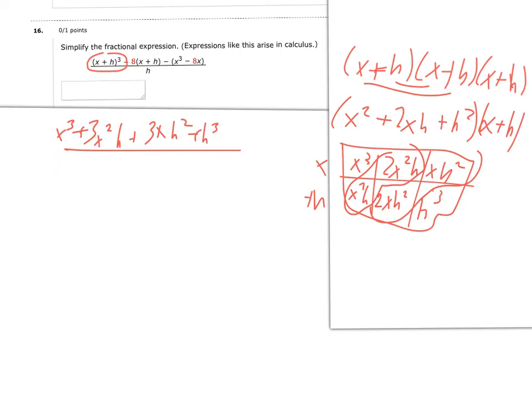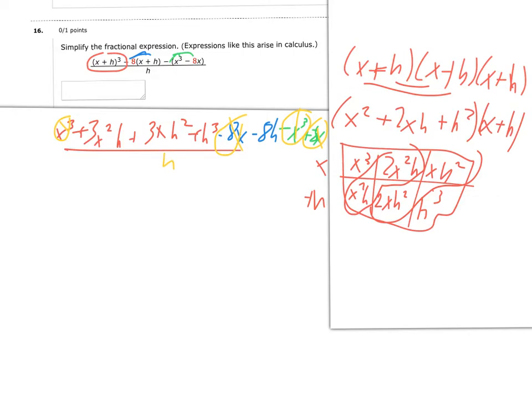And then we'll go ahead and continue with this. We'll distribute that negative 8, so that becomes negative 8x minus 8h. And then we'll distribute this, we got negative x to the third plus 8x. So now we'll cancel. I can cancel out that with that, and the x to the third with the negative x to the third. And this is all over h.